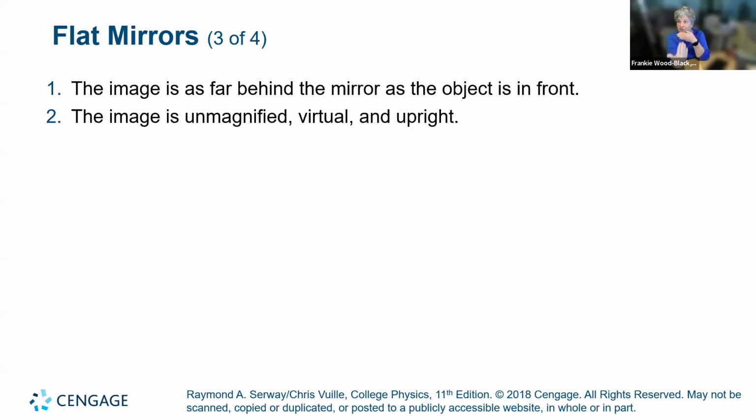The image on a flat mirror is usually unmagnified. If you did a magnification, you don't have a truly flat mirror. You may have distortion. If you think of makeup mirrors or corner mirrors or things that are curved, you do get that nice curve. And remember that on your side mirrors, there's usually a disclaimer that says objects are closer than they appear, because you don't truly have a flat mirror.